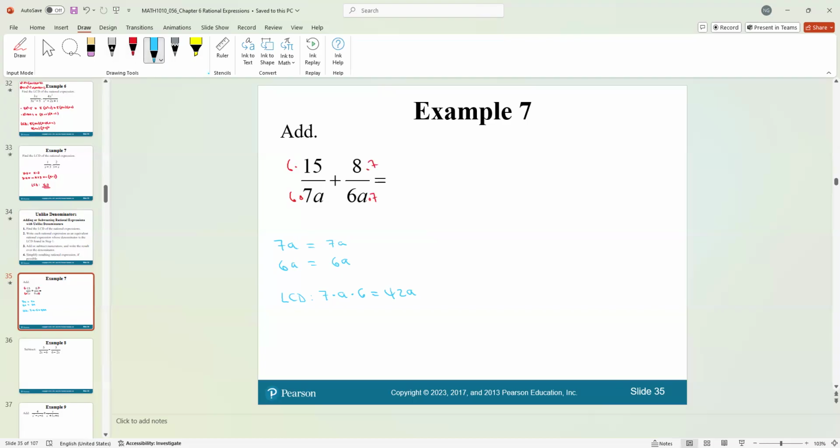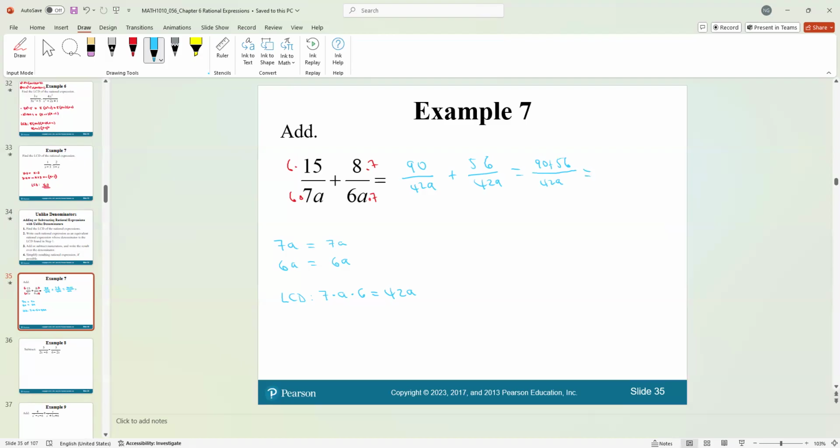Okay? Now we end up, all right? That's very important to see. 6 times 5 is 30, 6 times 1 is 6, plus 30 is 90. So we're going to have 90 over 42a plus 8 times 7 is 56 over 42a. Looking at this one, you are certain to see that the denominator is the same. We have 42a, and on the top we have 90 plus 56.